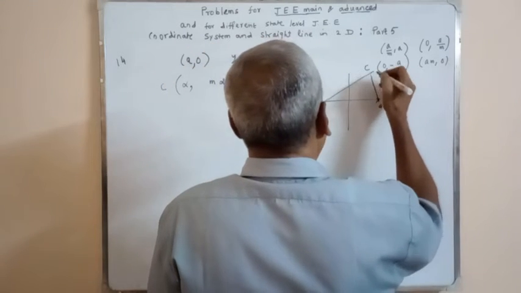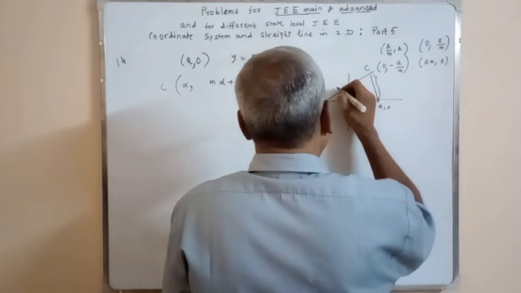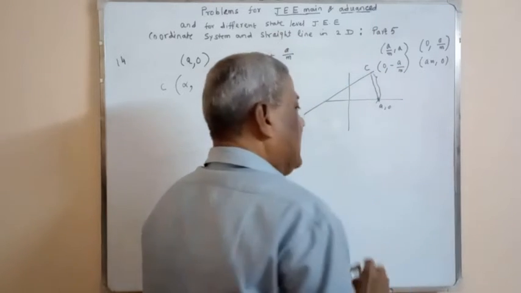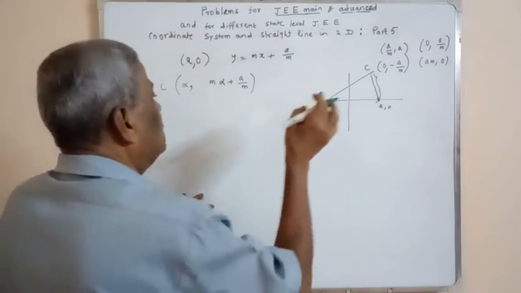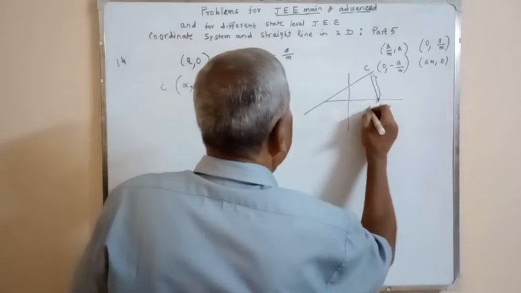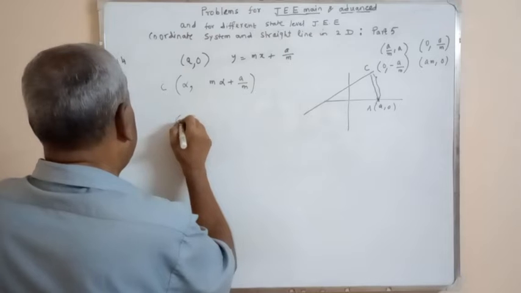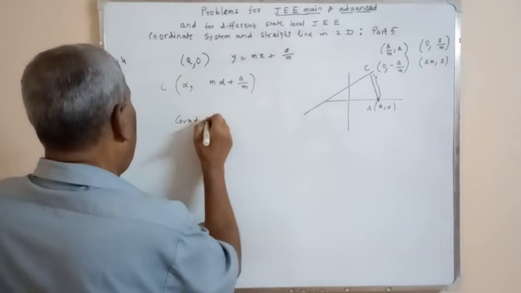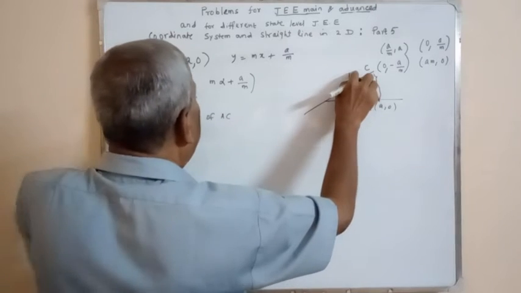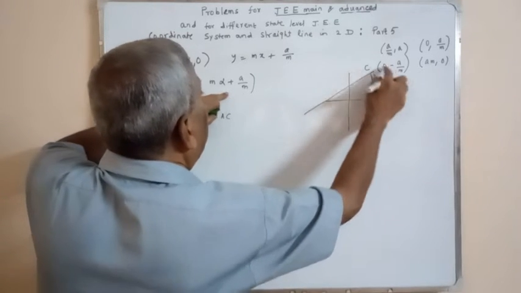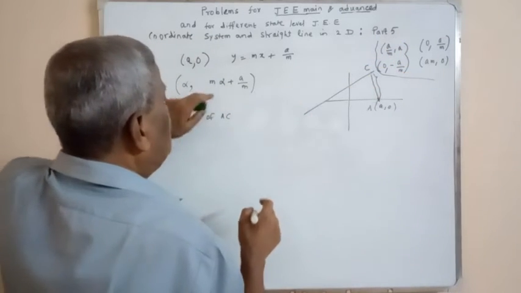Now, as it is perpendicular, the product of its gradient and the gradient of the straight line must be minus 1. So the gradient of AC: mind that the coordinates of C are this one, not this, they are options. Coordinate of C is this.